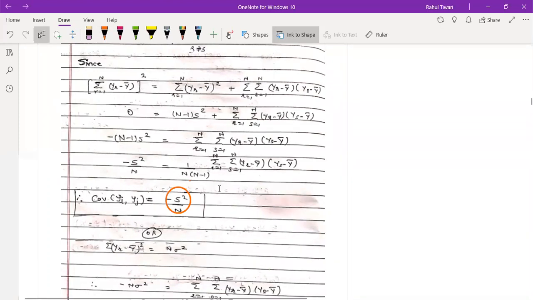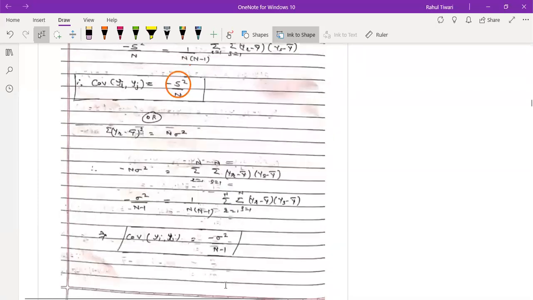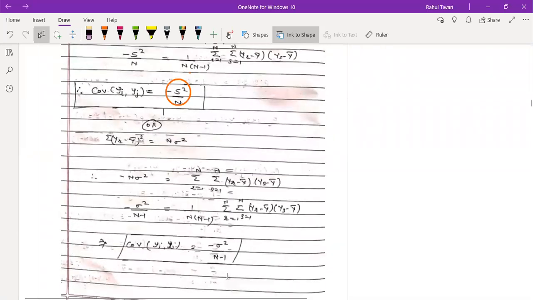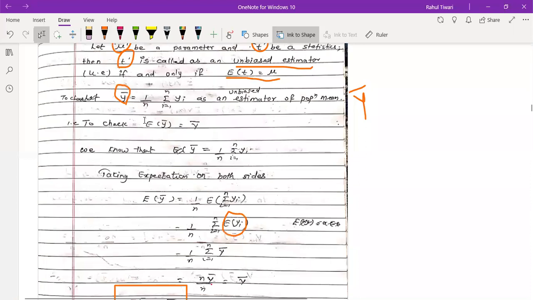Sometimes they will ask you to show that the covariance between this quantity is this. There are so many questions; the only thing is that you have to understand how the questions can be asked in your examinations. Then we have unbiasedness: show that the sample mean is an unbiased estimator of the population mean. You can go by this one.